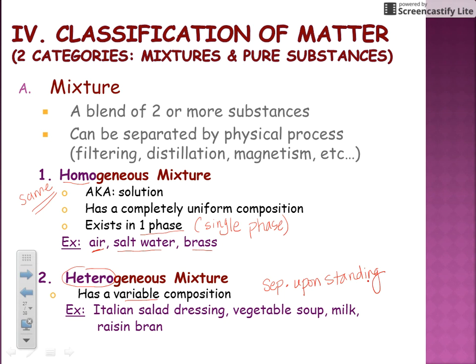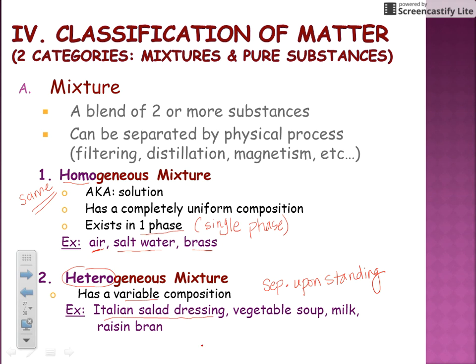Like with paint or with your blood, like when you think about if you've ever given blood, they have to keep the bag of blood on like a rocker because they need to keep it mixed thoroughly. If they didn't, the red blood cells would settle out to the bottom and your clear plasma layer would be up top. Anytime it will separate upon standing is considered heterogeneous.